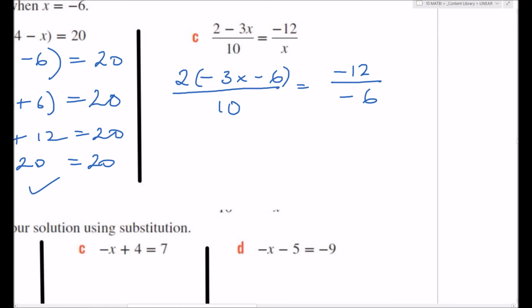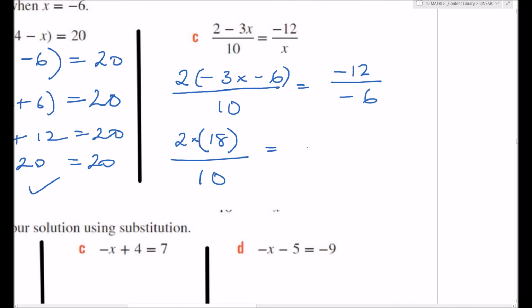Okay, so in this case, let's put these two together first. So you're left with 2 times, or 2 bracket, -3 times -6, okay, equals positive 18 over 10. Okay, equals -12 divided by -6. Okay, remember, negative and negative, when you put them together, even when you're multiplying or dividing, becomes a positive.